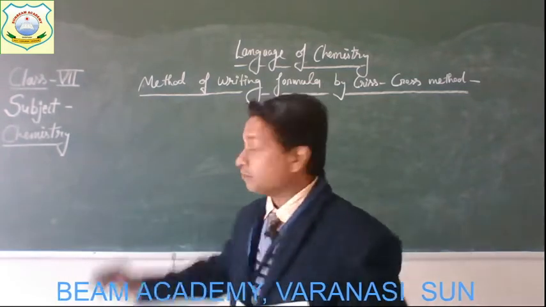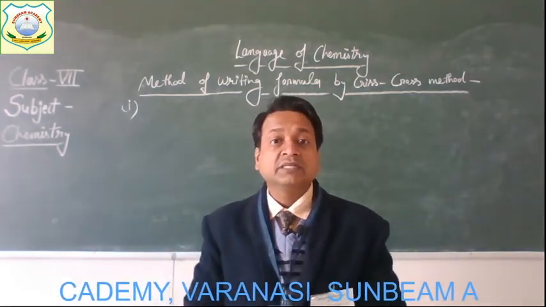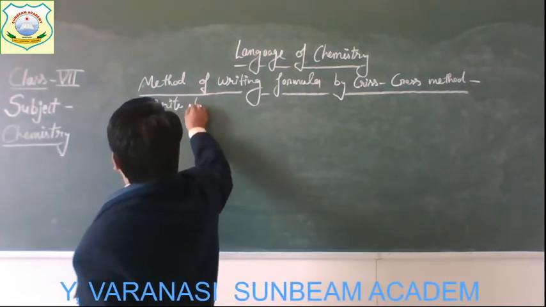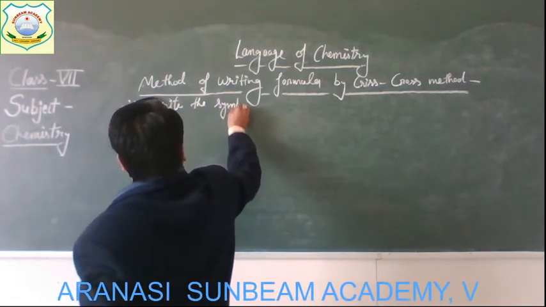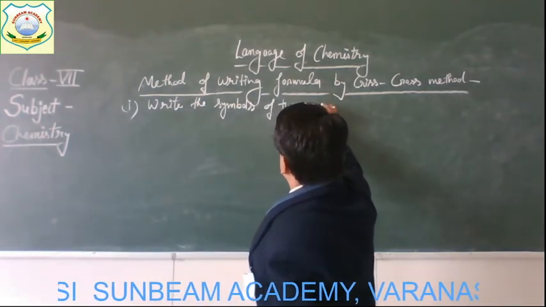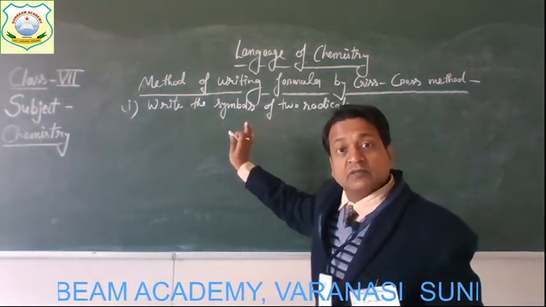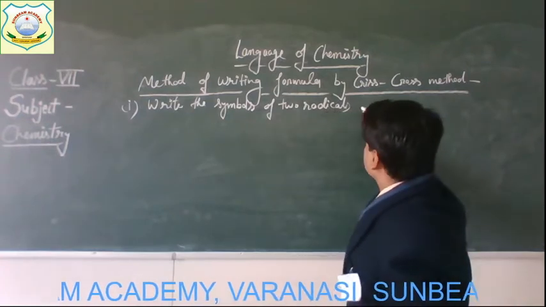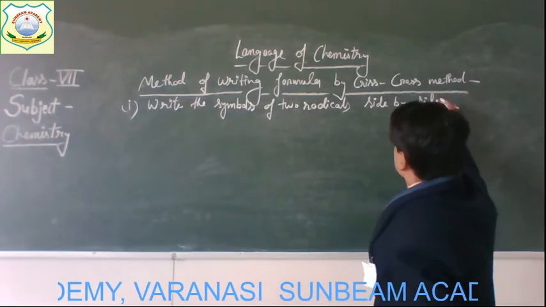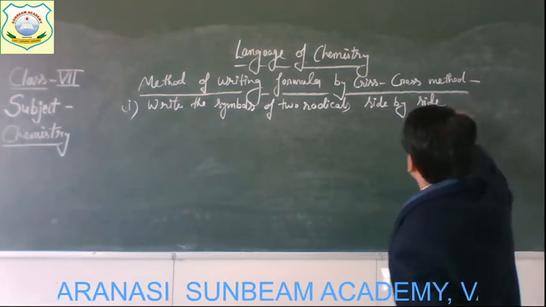And the first step is to write the symbols of the two radicals side by side with valencies at the top.